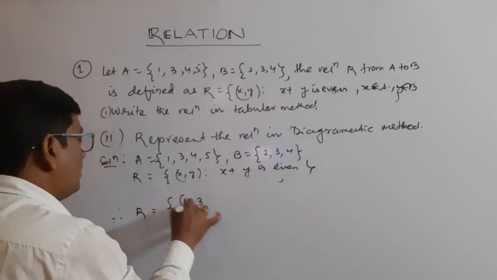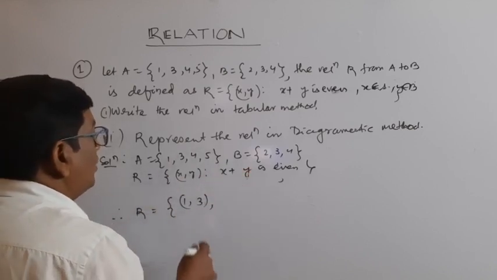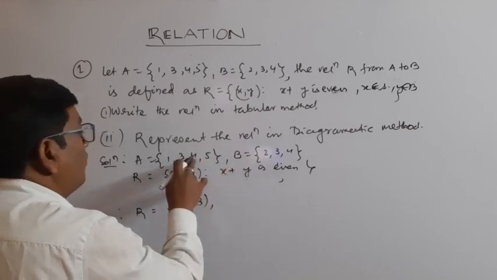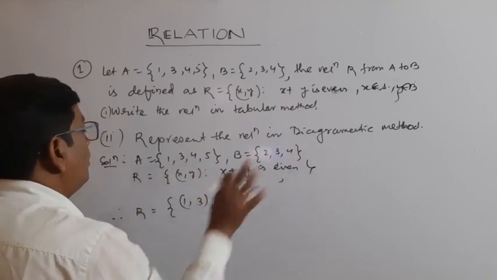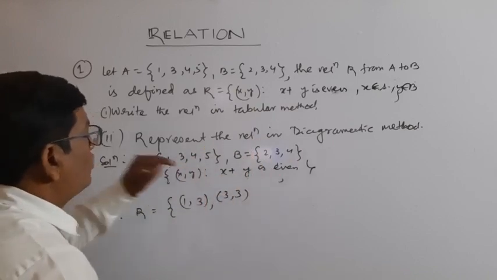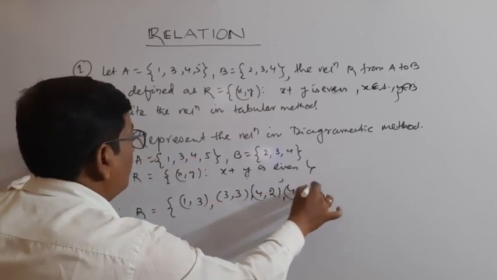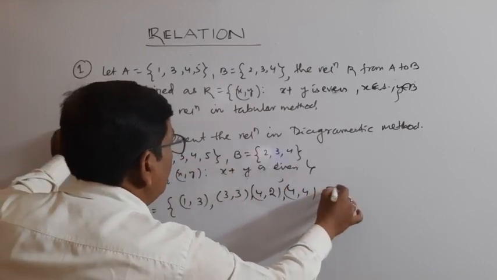So (1, 3) is correct. Now (3, 2) not even, (3, 3) even. (4, 3) not, (4, 2), (4, 4) happen here. (5, 3) gives 5 plus 3 is 8.